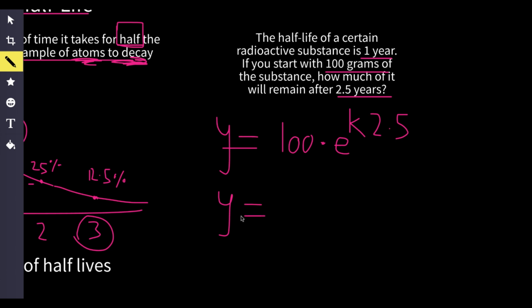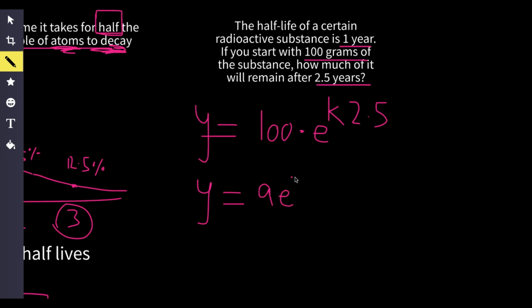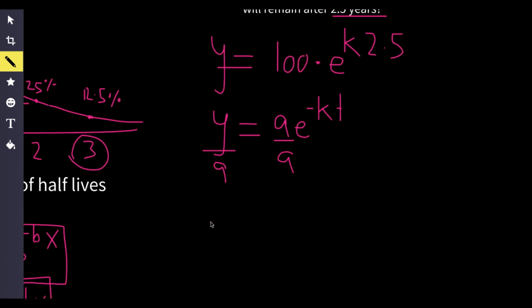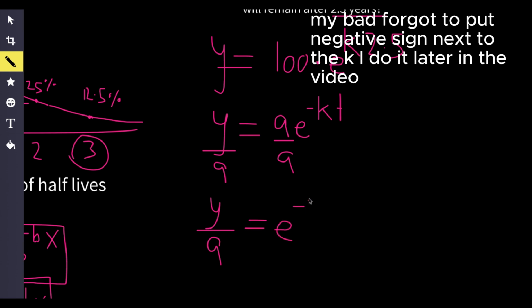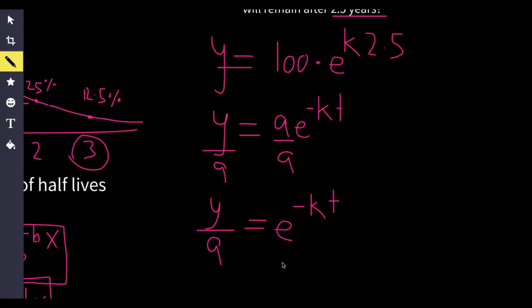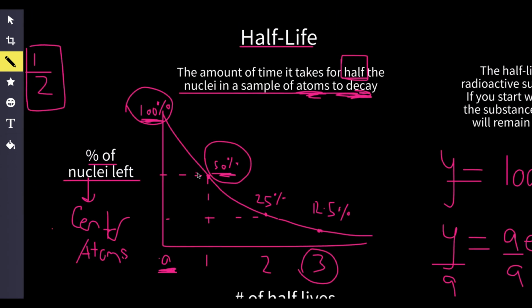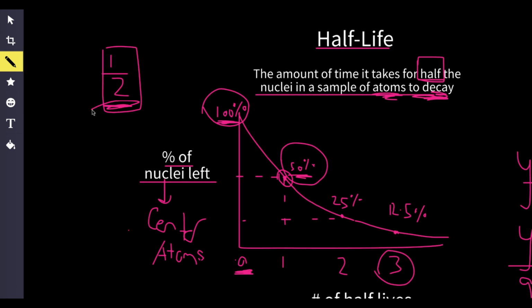Well, let's start off with our original exponential equation for decay and divide both sides by a. So we get y divided by a is equal to e to the negative kt. Now we know that after one half-life, the ratio between what we have and what we had originally is 1/2.